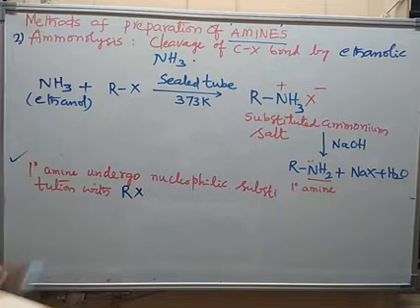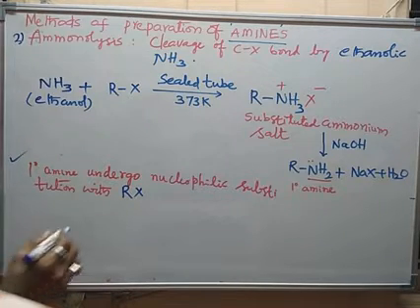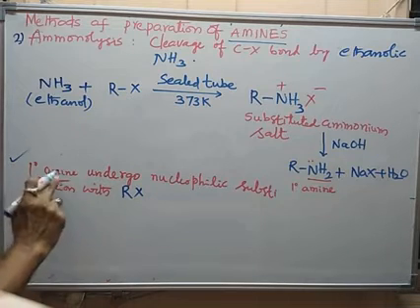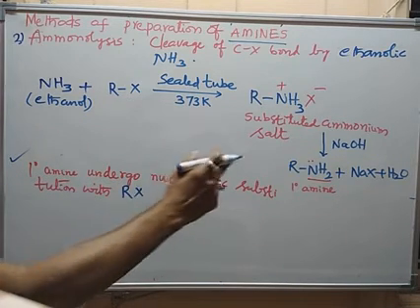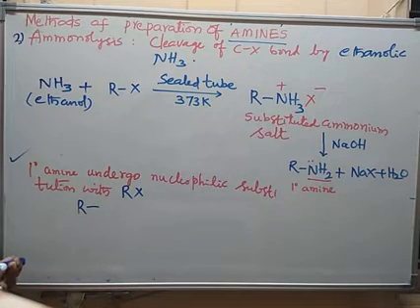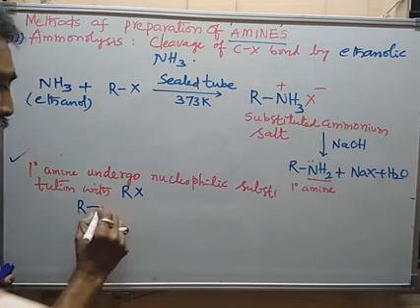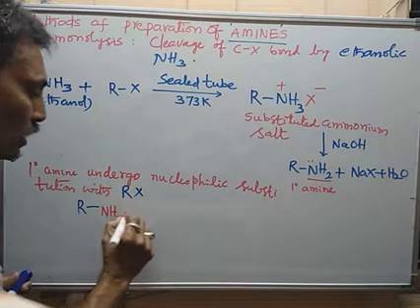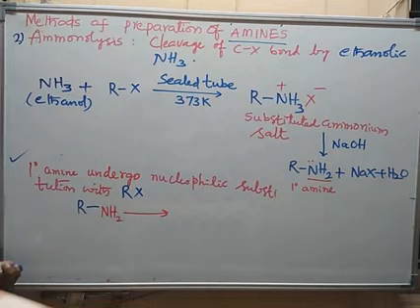This is an area we are going to discuss. Keep concentration, very easy. How do you write the general formula of a primary amine? R, and you have to write NH2. It now reacts with alkyl halide.